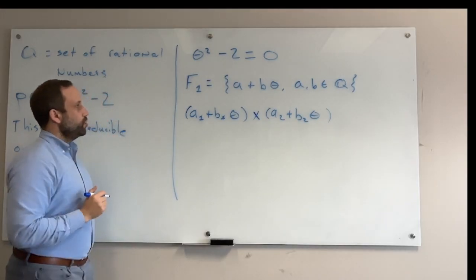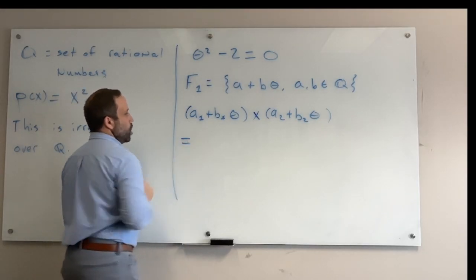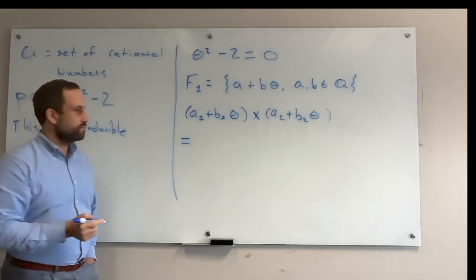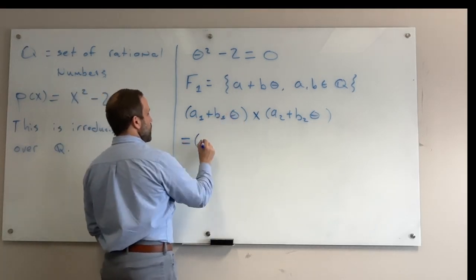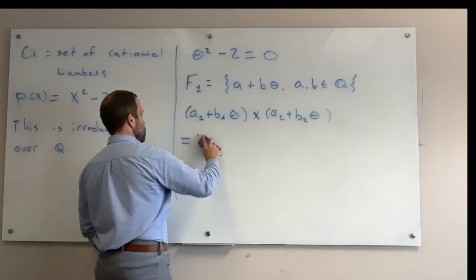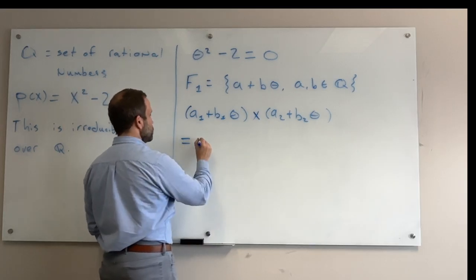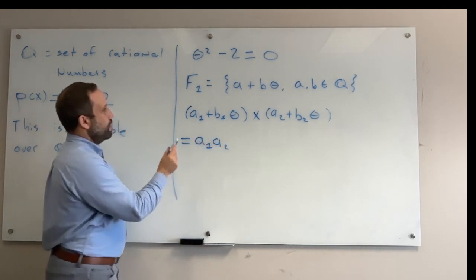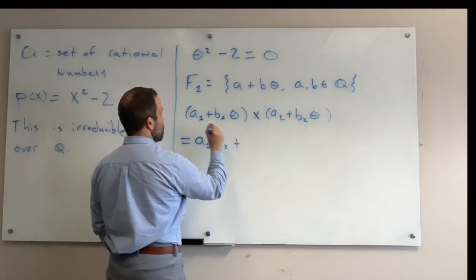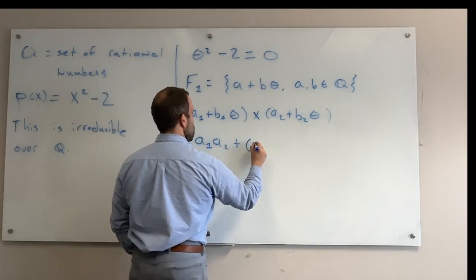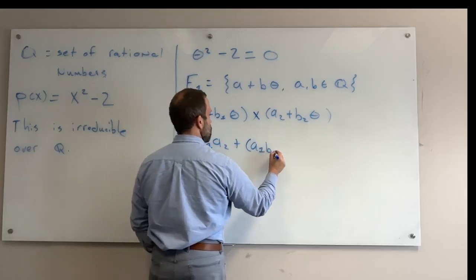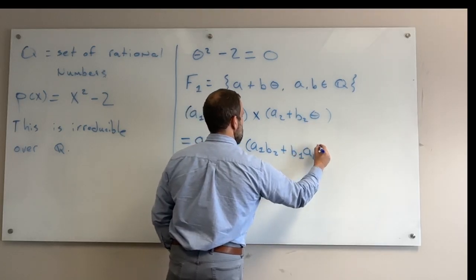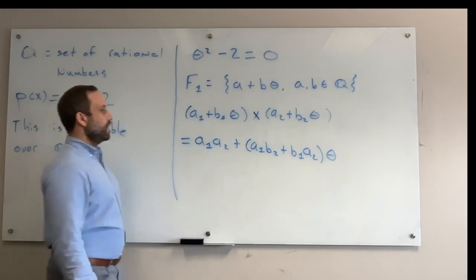We're going to multiply two elements. When we multiply two elements, we're just going to FOIL this. So we have A1 times A2. Then we have A1 B2 theta, so A1 B2 plus B1 A2 theta.